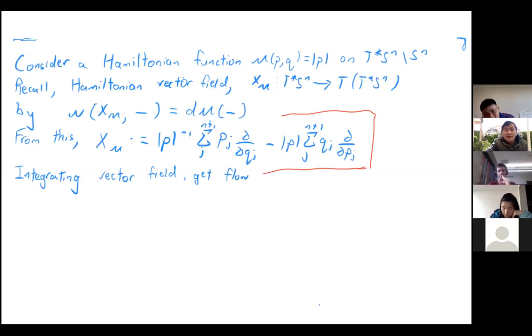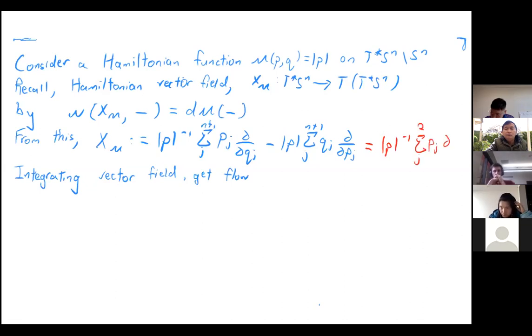We can do it just in one dimension, N is 1.